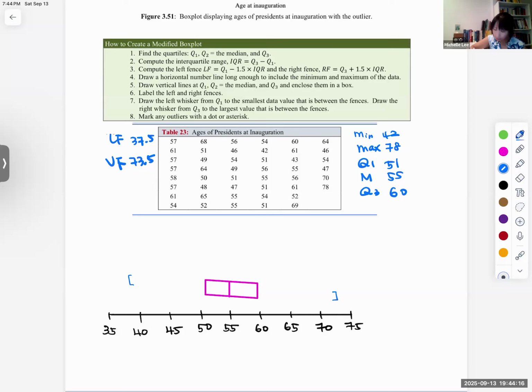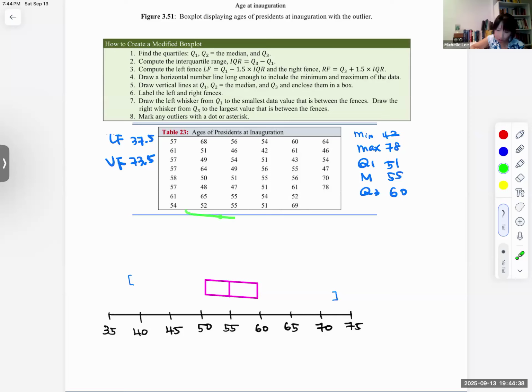Okay, now which data value is bigger than the lower fence? Can you check that? I can see 42.